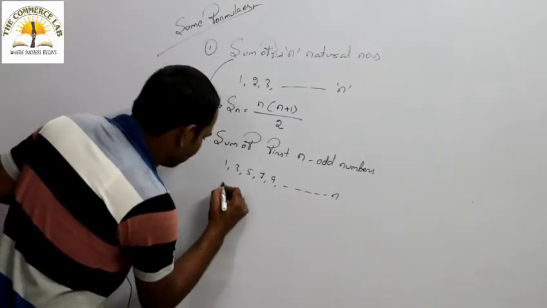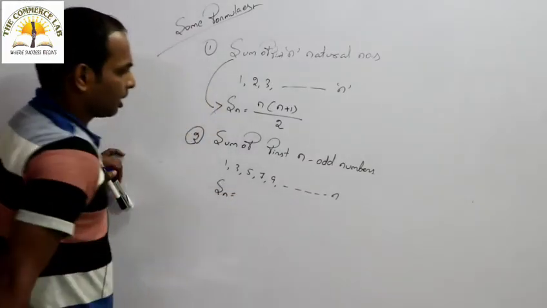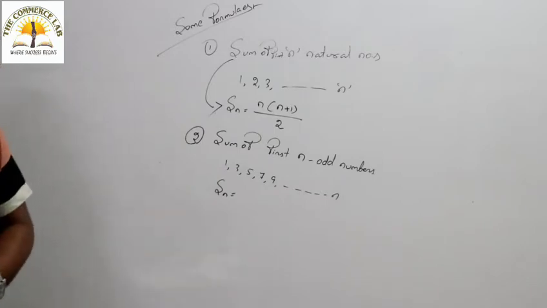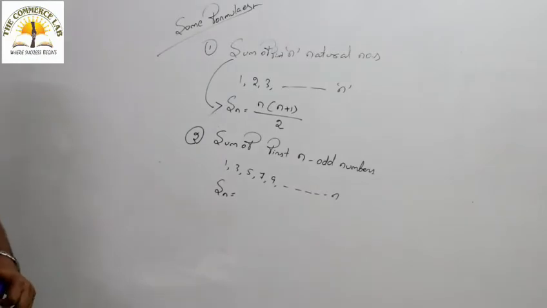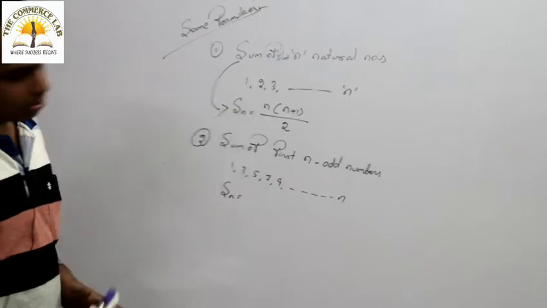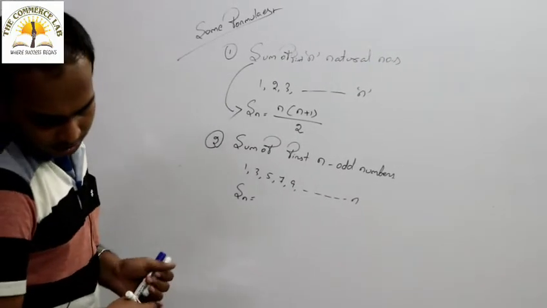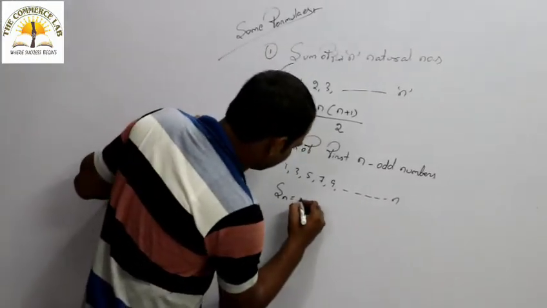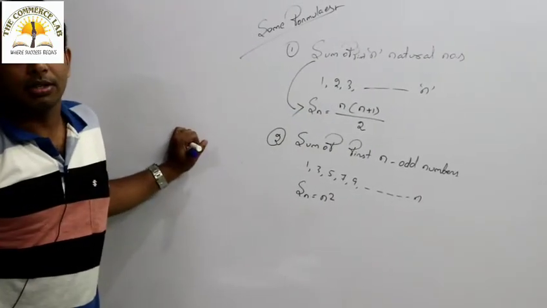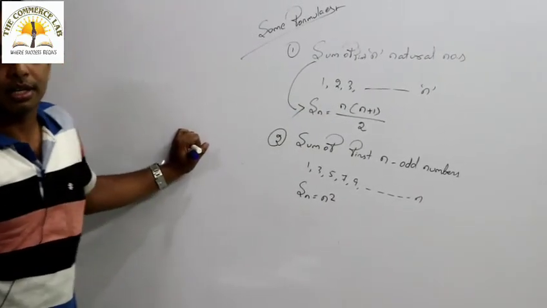So what will be the Sn? We know Sn equal to n by 2 into 2a plus n minus 1 into d. By using the formula, we can also calculate that Sn equal to n square.